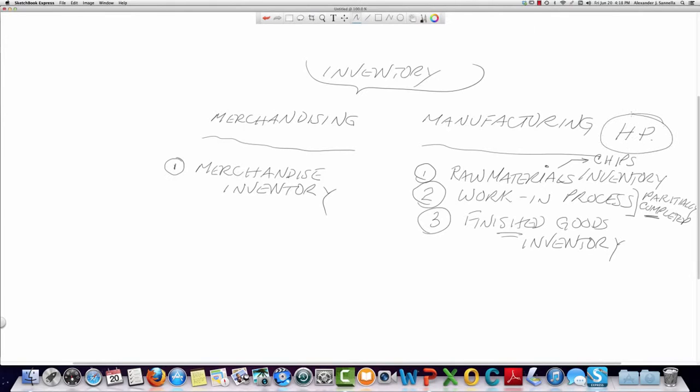Now, if the company, HP, or any manufacturer of laptops is wholesaling, they're going to sell this inventory to a merchandising company. Let's say it's going to be a Best Buy, and that merchandising company, when they get the finished goods from the manufacturer, would call it merchandise inventory. So merchandise inventory is basically the finished goods in the hands of the merchandising company. So the manufacturer has raw materials, computer chips, etc. The partially completed inventory is called work in process inventory.